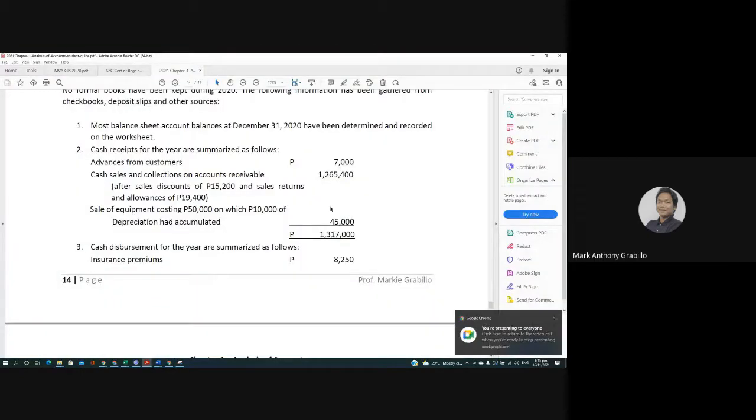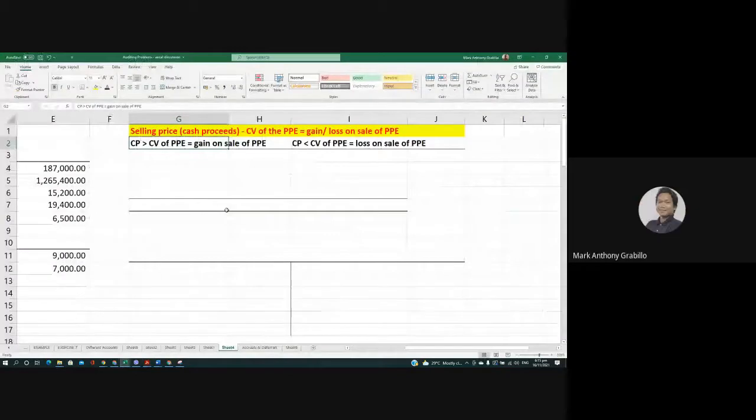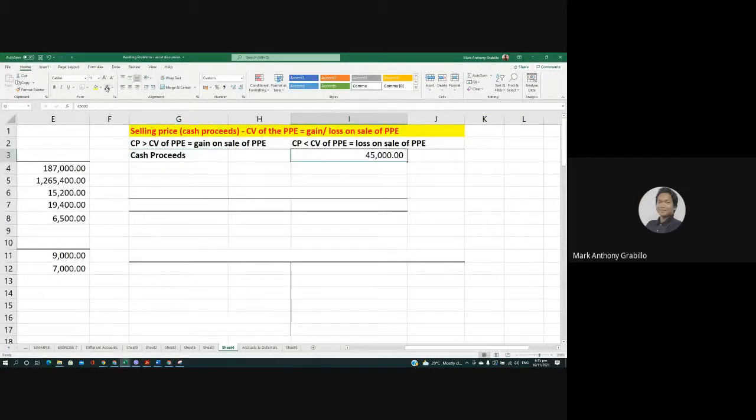Magkano po yung nakikita niyo dito, class? Magkano ang selling? 45,000. Yes, 45,000. So that means to say the cash proceeds is 45,000 less the book value of the equipment.